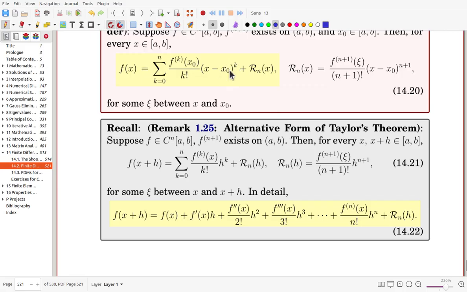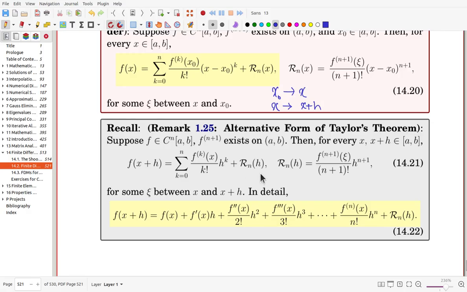This is about x0. Now, rather than x0, here x0 will be replaced by x, and now x will be replaced by x plus h. x is now the base point, and x plus h is a perturbation by h. Then we can write in this way.